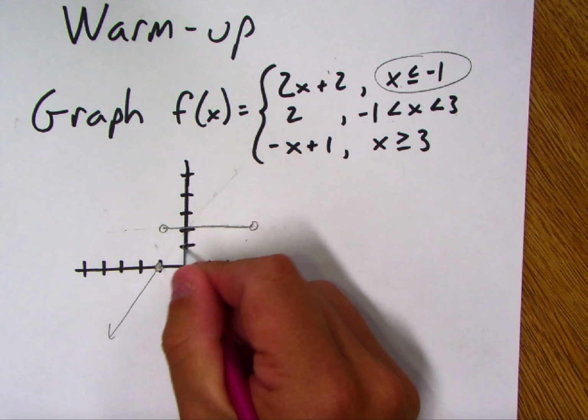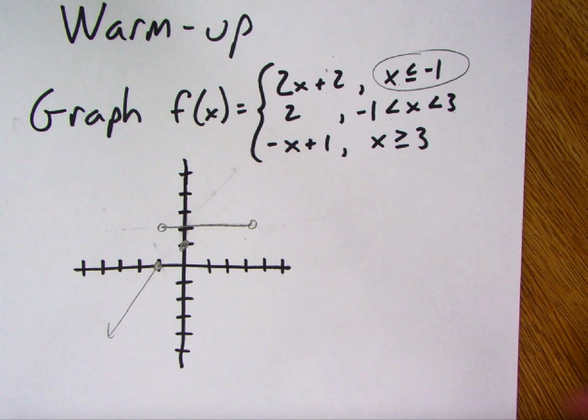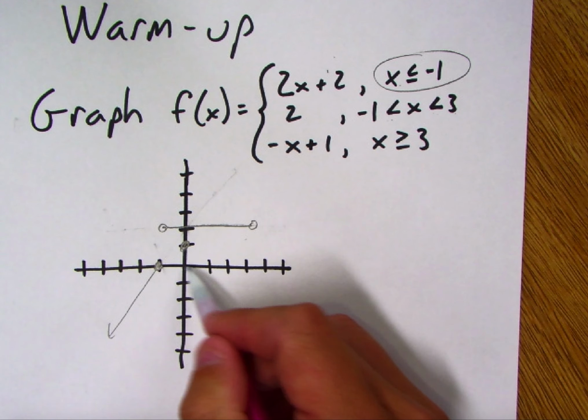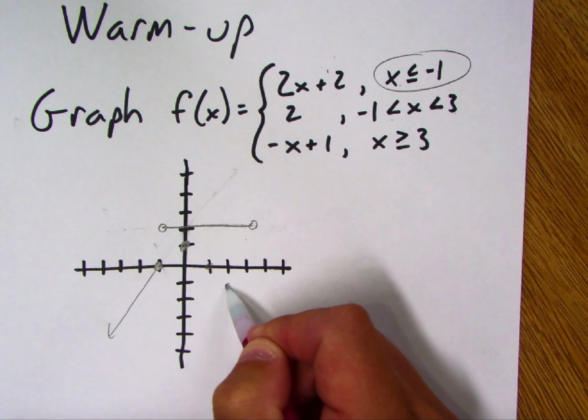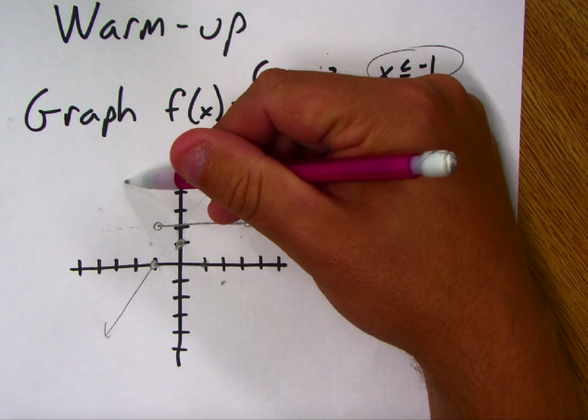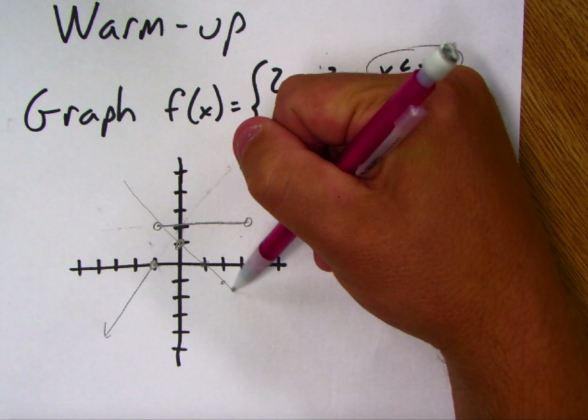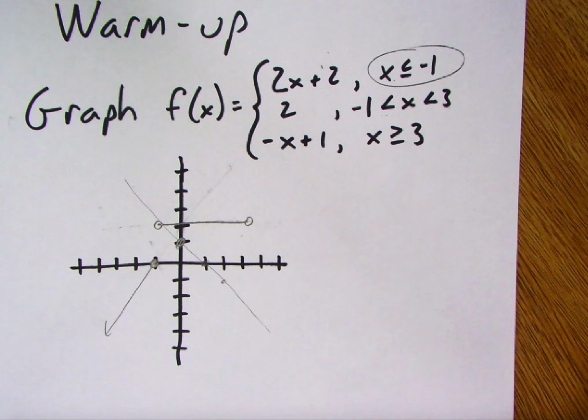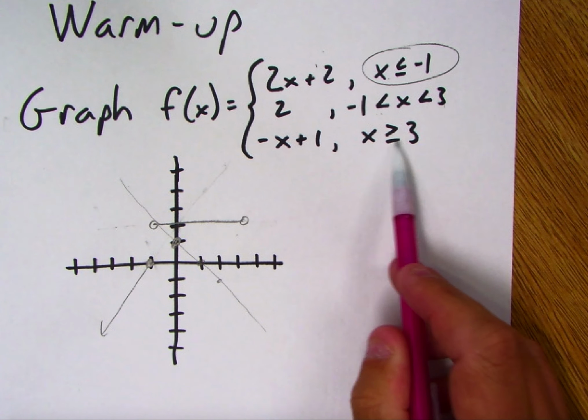So the y-intercept is positive 1. The slope is negative 1, so down 1, right 1. Down 1, right 1. It's this whole line. But then I want to erase part of this line. I only want this line for x is greater than or equal to 3.